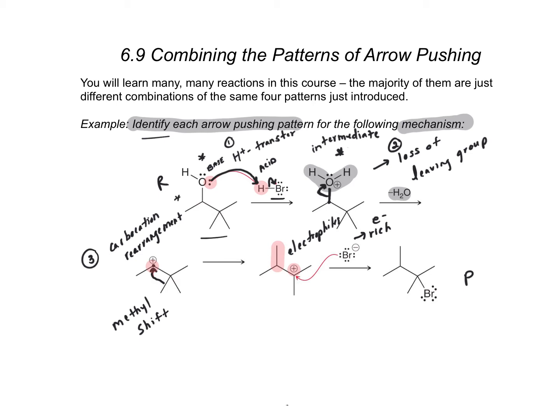So specifically, we had 4 steps: proton transfer, loss of leaving group, carbocation rearrangement. This fourth step is instead going to be the one that we initially introduced, which is our nucleophilic attack.